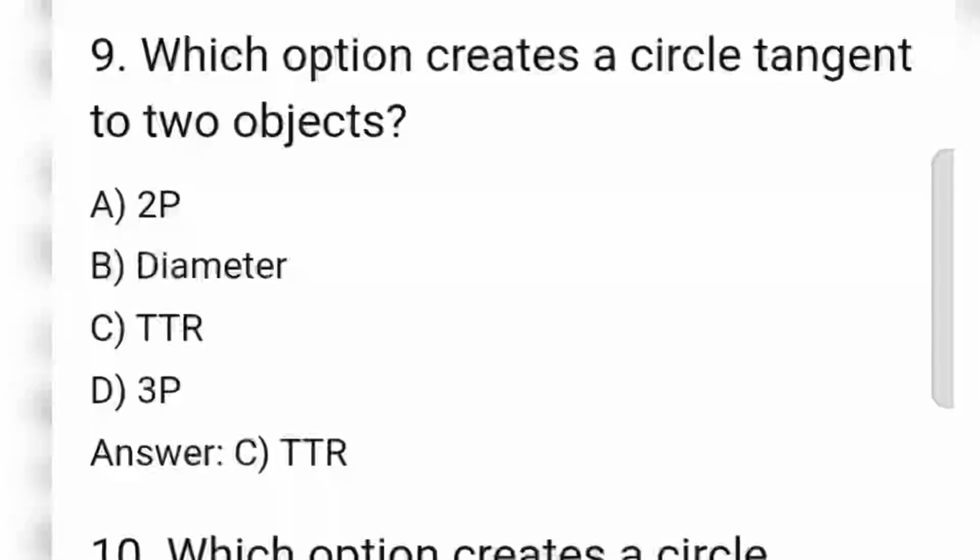Which option creates a circle tangent to 2 objects? Option A 2P, option B diameter, option C TTR, option D 3P. Answer is C, TTR. By using the TTR command, we create a circle tangent to the two objects.